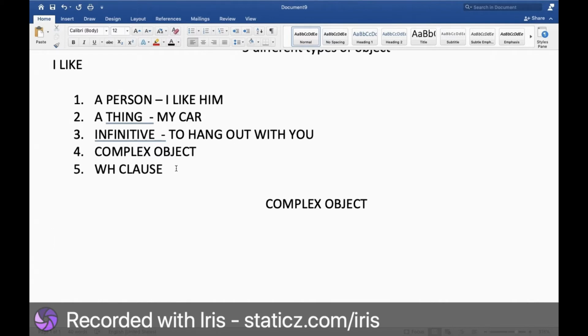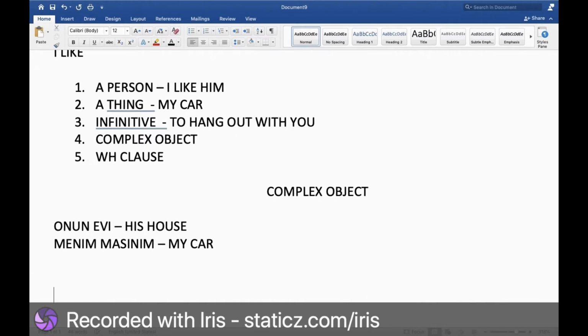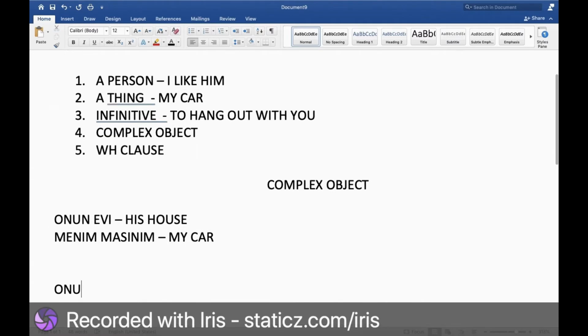So when we say his house, right? Or when we say my car, right? But what about the verbs? If I want to say onun gitmeyi, how can I translate this?